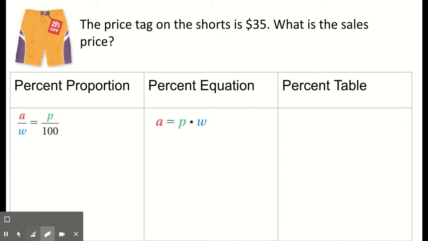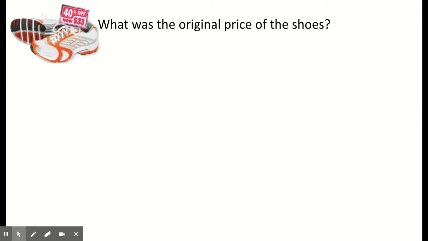All right, let's move on to our next problem. We're looking for the original price. Now the original is the whole. So just remember that the original price will always be the whole. And I got some information here saying that it's 40% off and now they're $33.